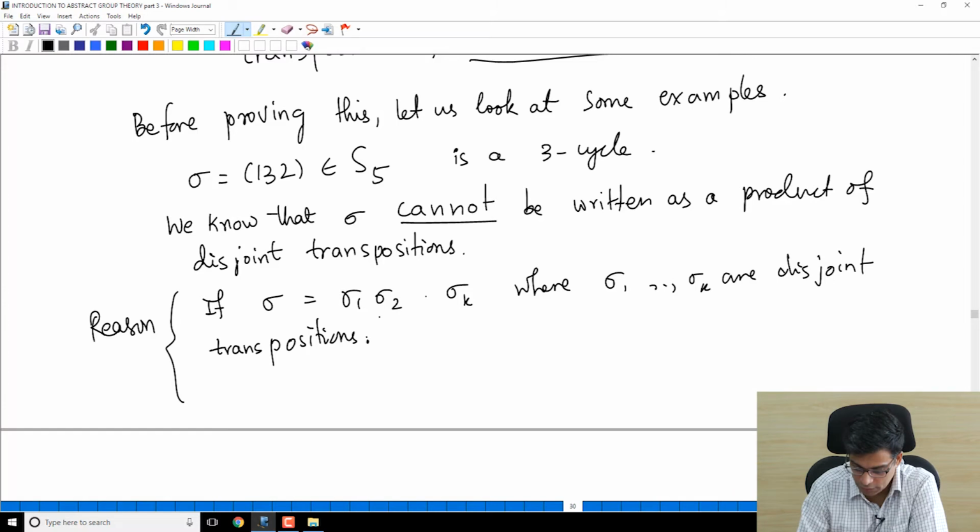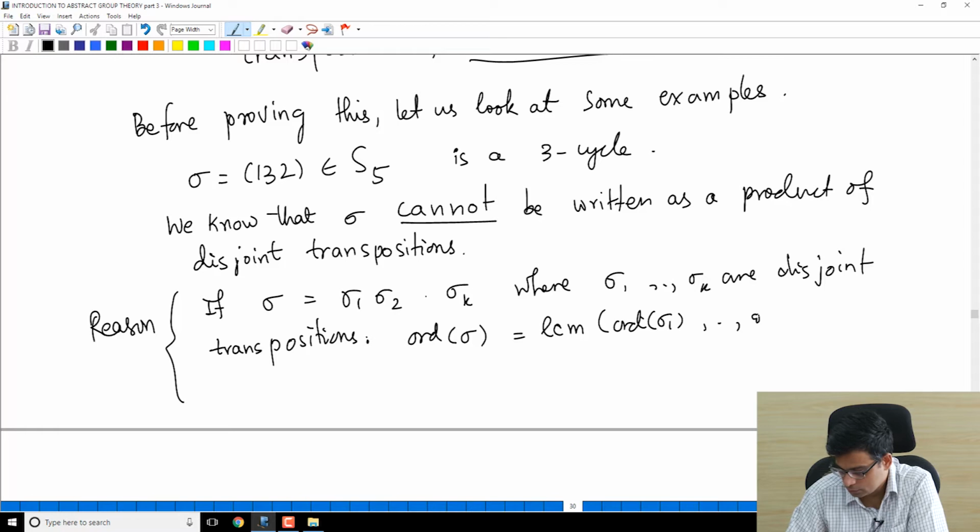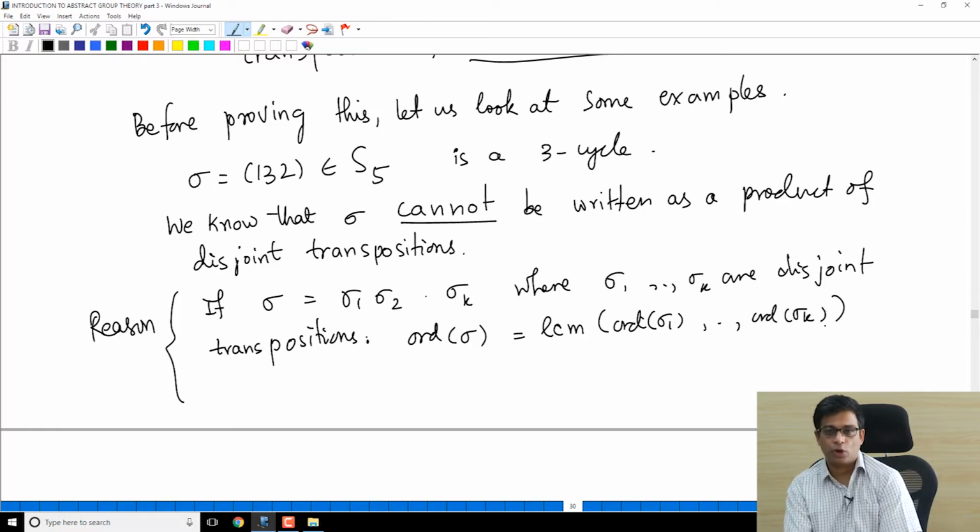If you can, then the order of sigma is equal to the LCM of the order of sigma 1, because it's a product of disjoint cycles, order of sigma 2, up to order of sigma k. But the order of sigma 1 is 2, order of sigma 2 is 2, order of sigma k is 2, because they are all transpositions.